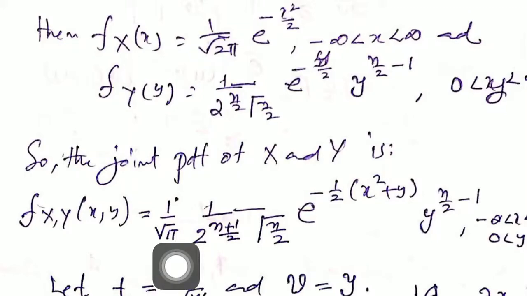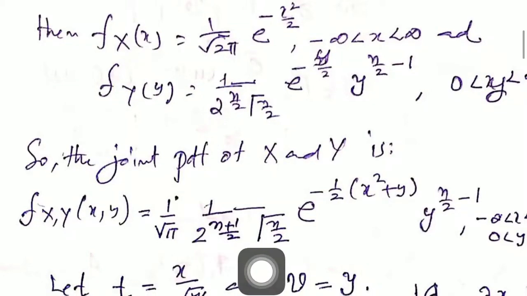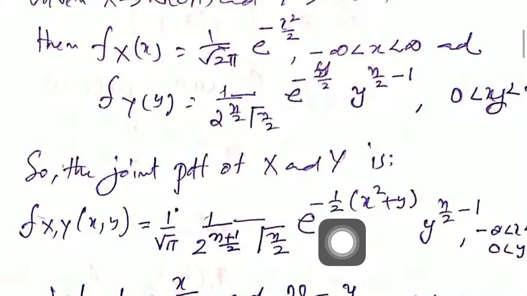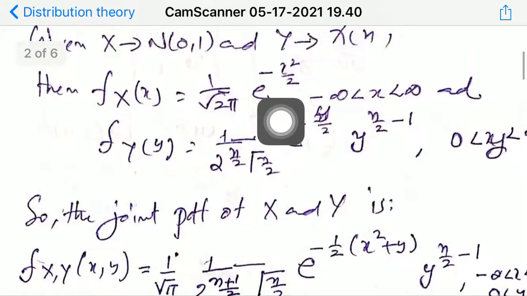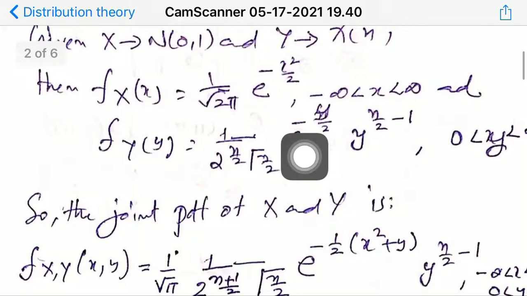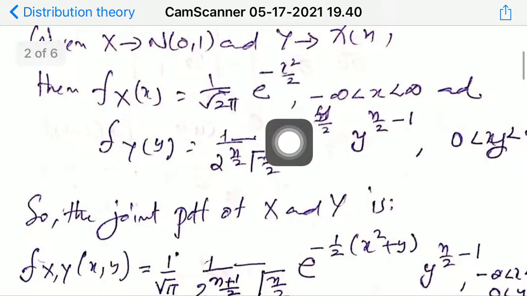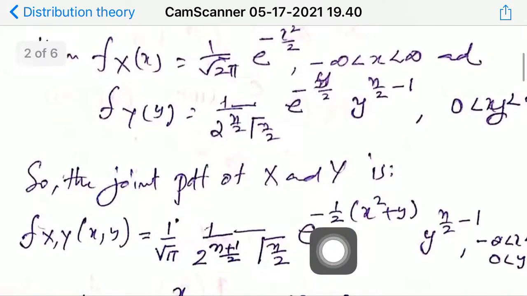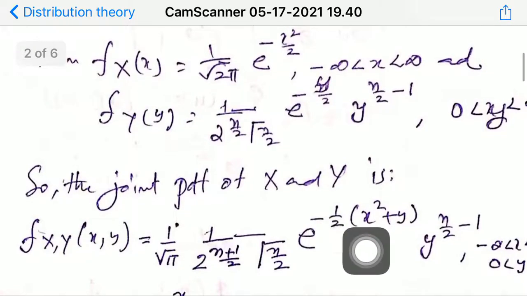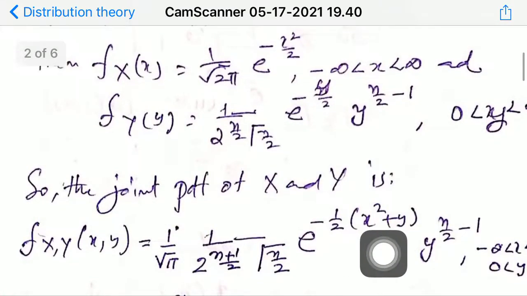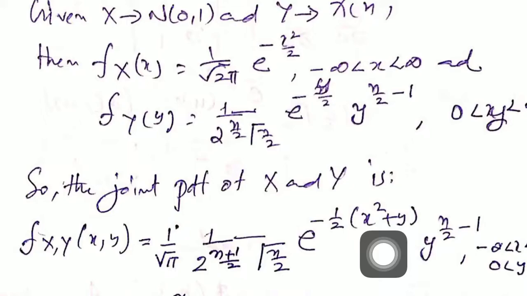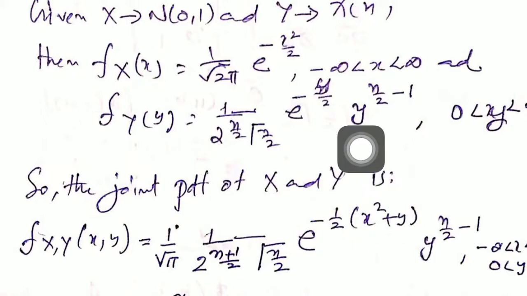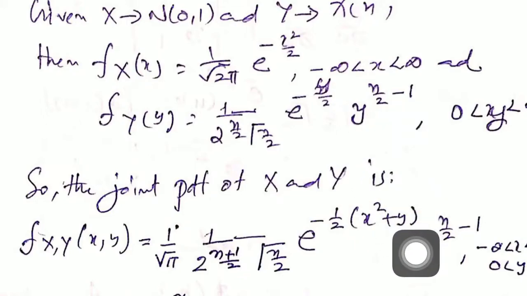For the time being, let me write it so. Then gamma n by 2 e to the power of minus x square by 2 and e to the power of minus y by 2. So e to the power of minus 1 by 2 can be taken out, leaving x square plus y inside the brackets, and then y to the power of n by 2 minus 1 is written as it is.